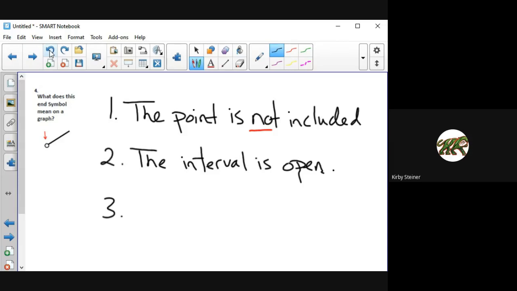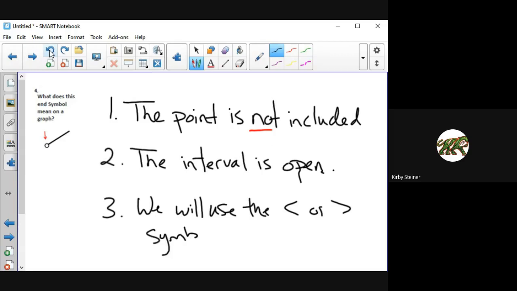And when we go to write that interval using set builder notation, we're going to use the greater than and the less than symbols. Right, so this is what we know if we have that type of endpoint.